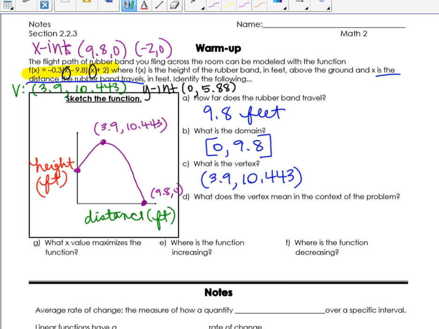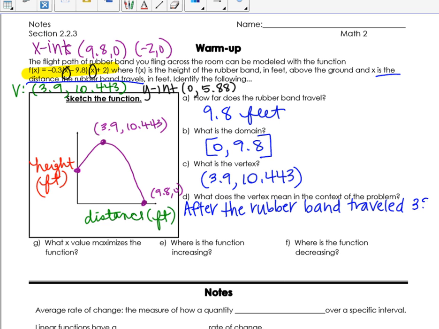And what does it mean in the context of the problem? Well, you have to think about what x represents and what y represents. x is the distance the rubber band traveled, and y is the height. So after the rubber band traveled 3.9 feet, it reached its maximum height.